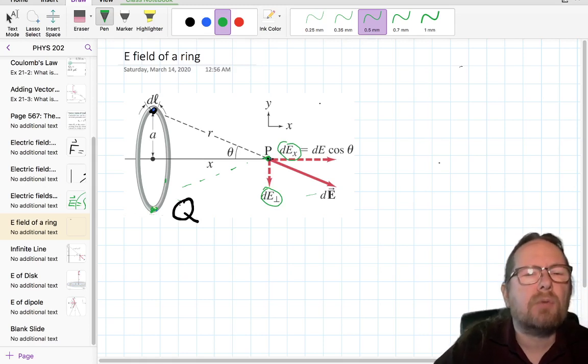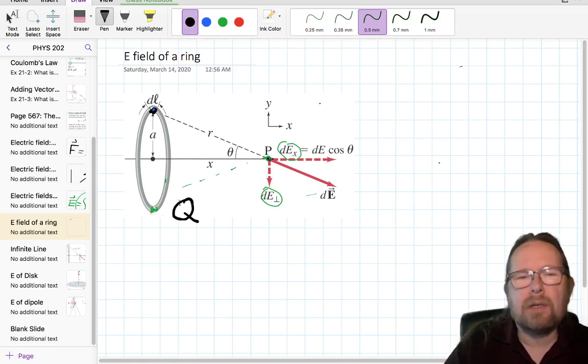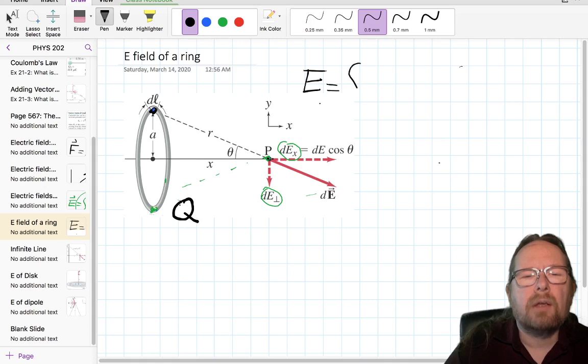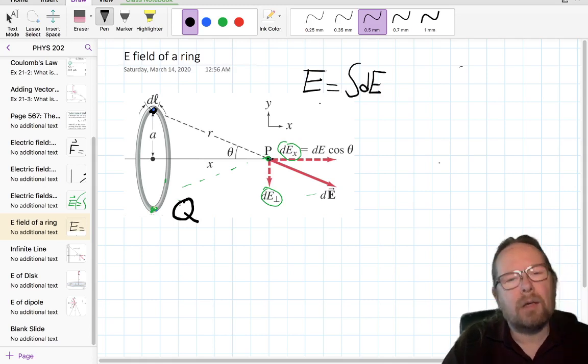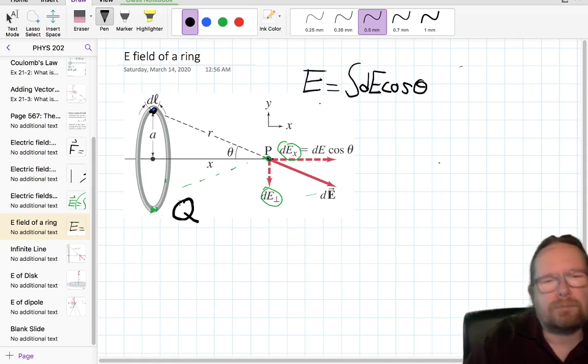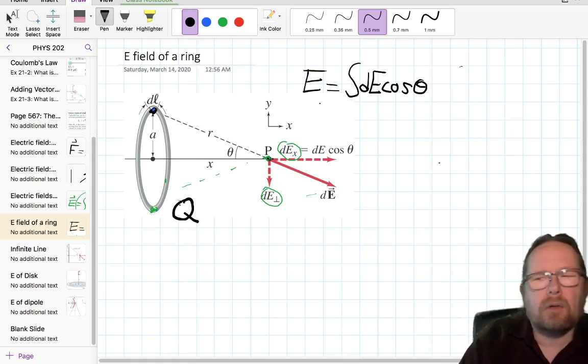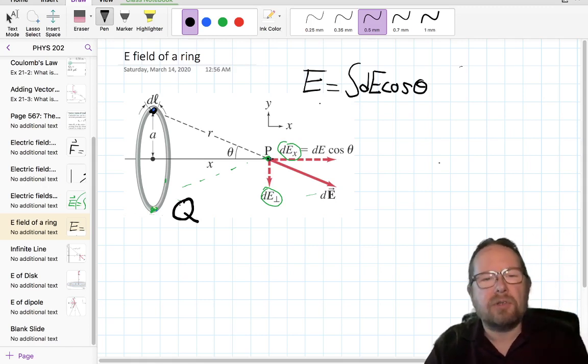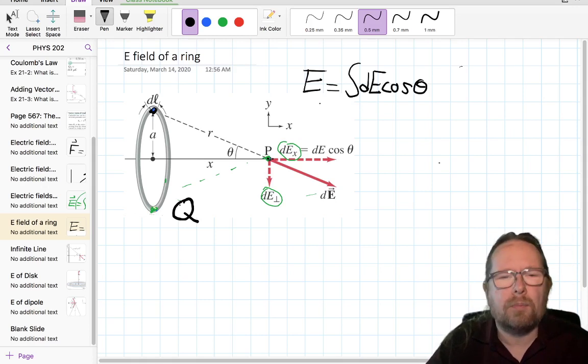So we can write right off the bat that the electric field at this point in space is equal to the integral of the electric field due to each little bit of the ring, but we only need to consider the horizontal component of that. So we only need to add up the horizontal bits of the electric field, and that turns our vector equation into just a scalar equation. We only need to consider one component.